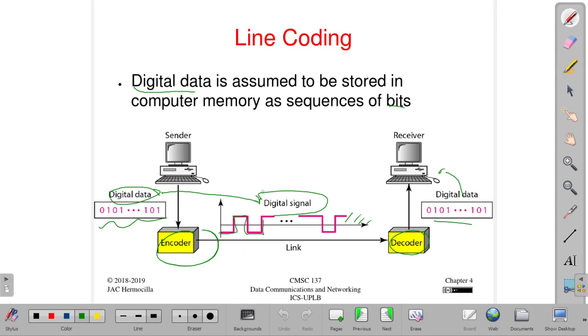So let's go back to this figure here. At the receiver end, these signals will be sampled, and then the receiver will define a threshold such that anything above this threshold will be considered, let's say, 1, and anything below this threshold will be considered 0.